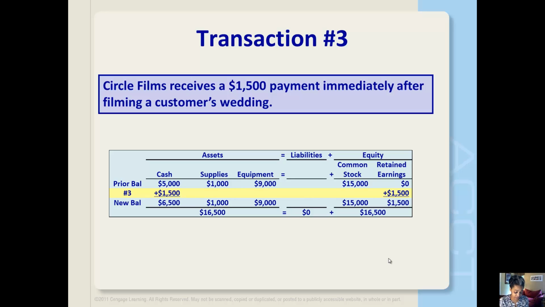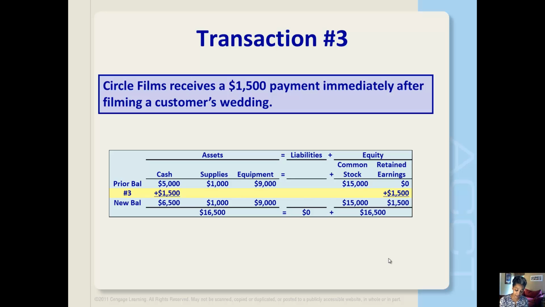Let's look at transaction number 3. In this transaction, Circle Films is receiving cash as a payment, and therefore assets are increasing. Again, cash is an asset. But unlike the last transaction where assets were exchanged, the increase in assets in this transaction is coming from filming that wedding.